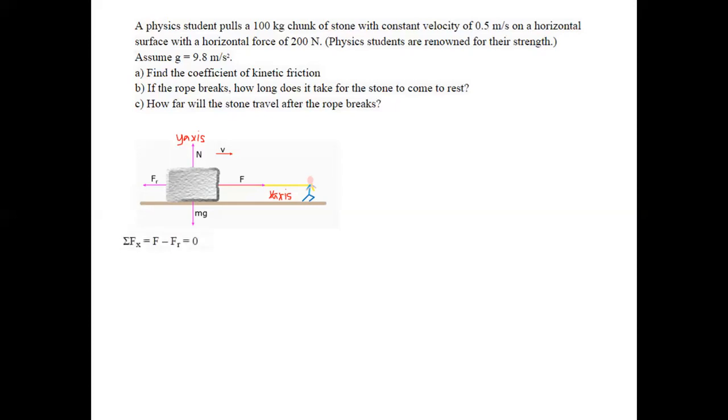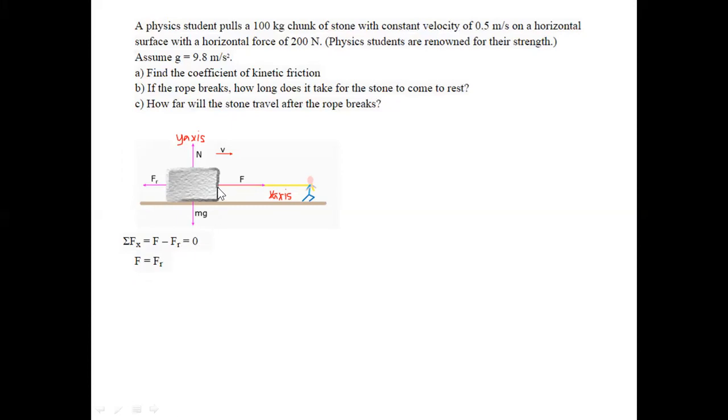For letter A, we need to sum the forces with respect to the horizontal, which would be equal to zero. Again, it is equal to zero because we are dealing with a constant velocity of 0.5 meters per second. All right, substituting the following values: force minus frictional force is equal to zero.